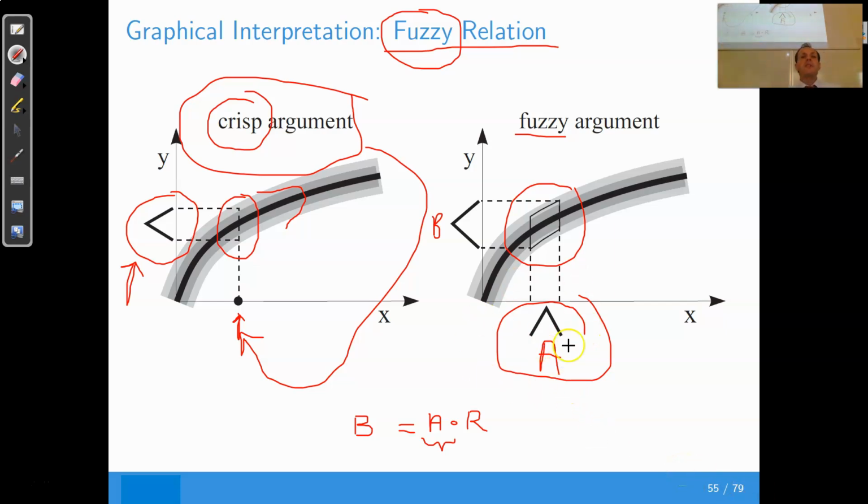We have something defined by a membership function, it goes through the fuzzy relation, and it is transformed into a fuzzy set B. So this is the concept of the fuzzy relation with a graphical interpretation. We start from a fuzzy set and we end with a fuzzy set. This is quite important.